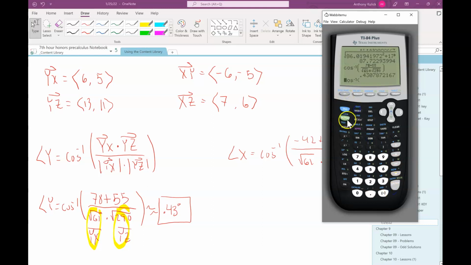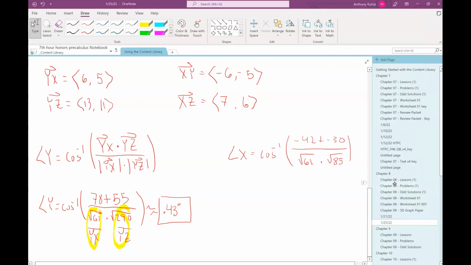Negative 42 minus 30 divided by square root 61 times square root 85. So there I get 179.20.